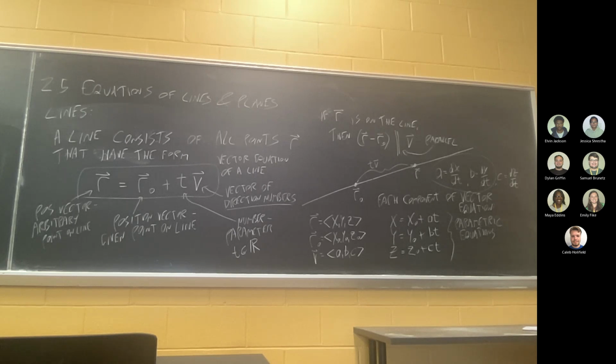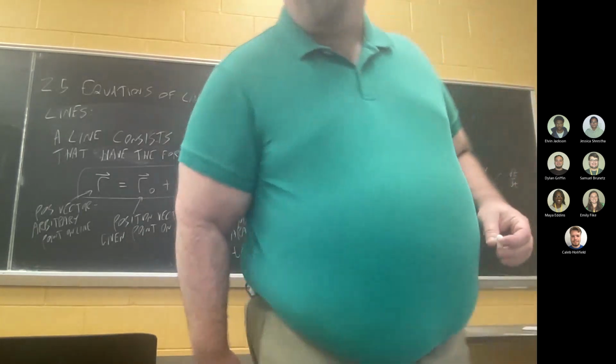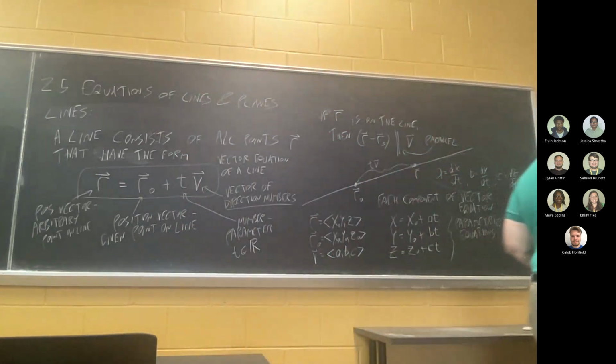Well, think of the slope of a line as a derivative. So if you have y equals mx plus b, how would you interpret the slope m as a derivative?